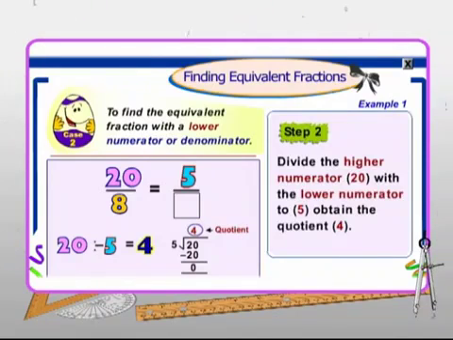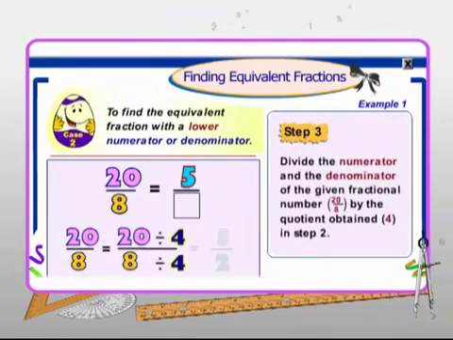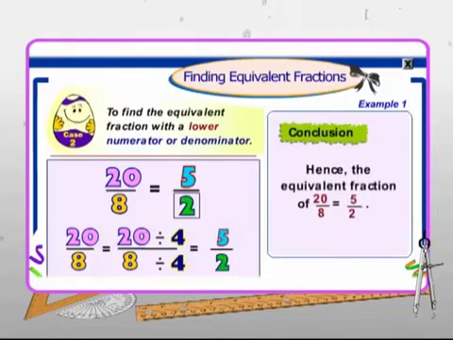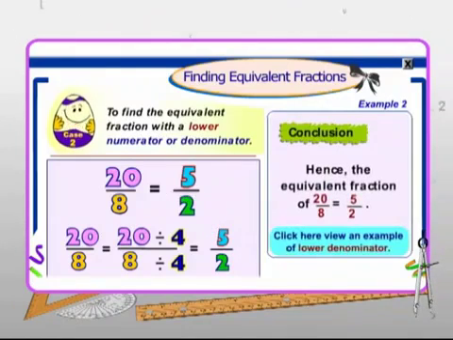Here, 4 is the quotient. In step 3, divide the numerator and the denominator of the given fractional number 20 upon 8 by the quotient obtained in step 2, that is 4. Hence, the equivalent fraction of 20 by 8 is 5 by 2.